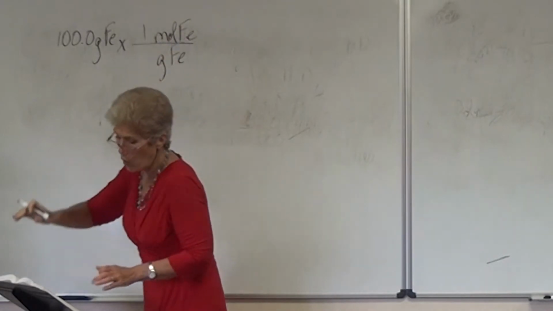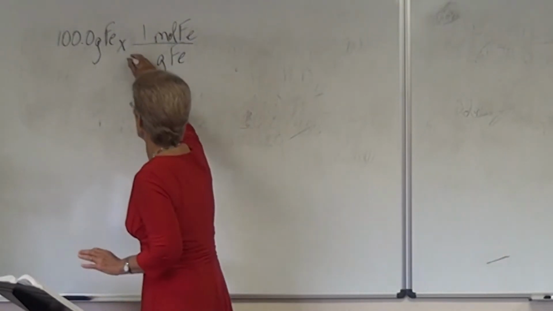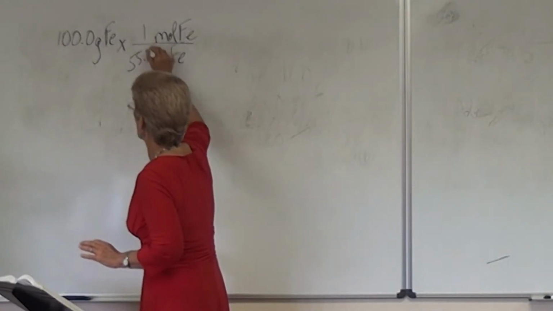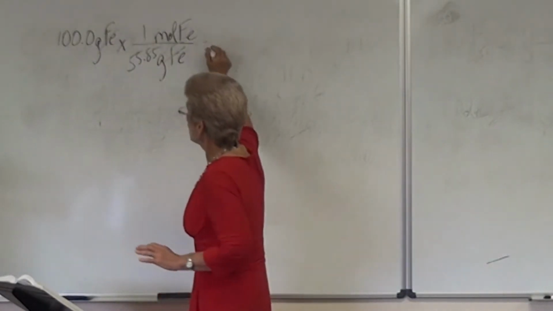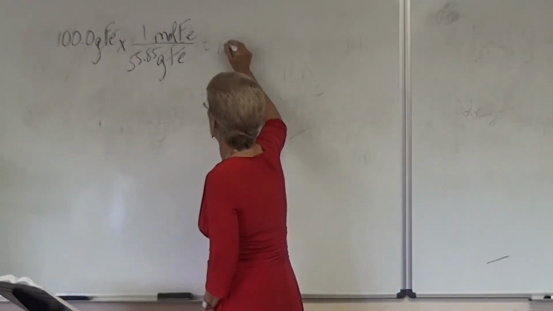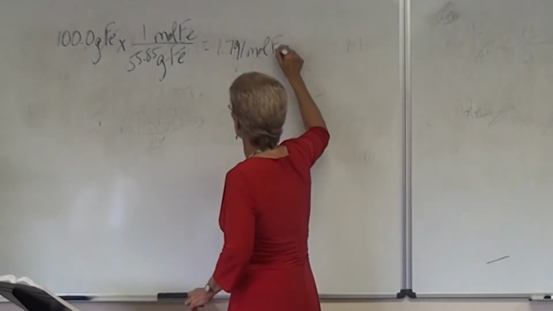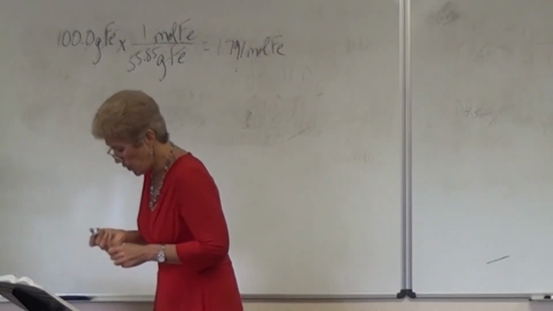We know in 1 mole, and we look at the chart, it gives us 55.85. This will cancel. We have 4 significant figures both places, so our answer is going to be 1.791 moles of iron. Really sorry about the board.